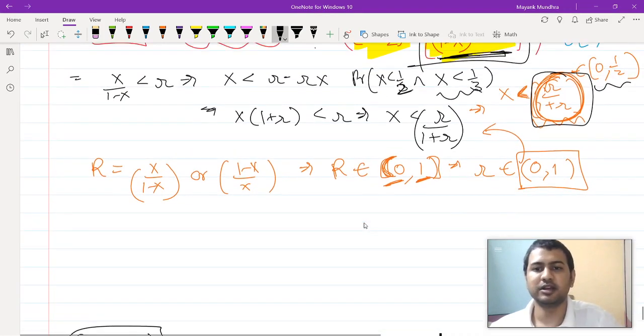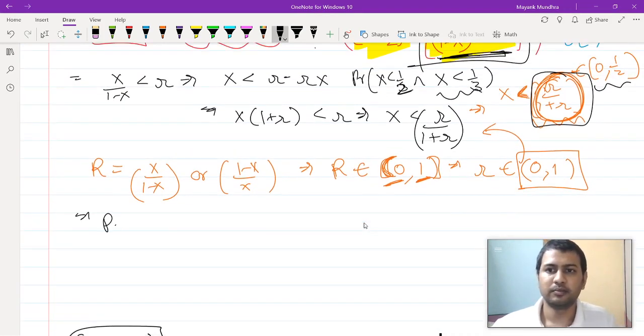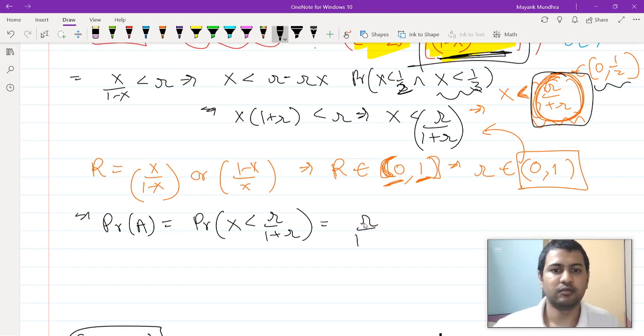So the probability of condition A becomes equal to probability x less than r upon 1 plus r, which is r upon 1 plus r. So this is your probability of case A.